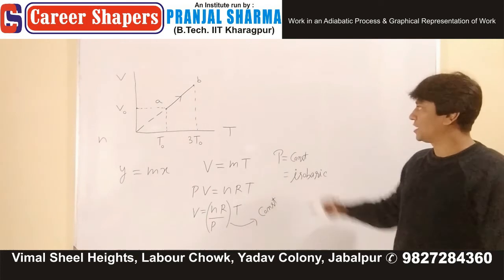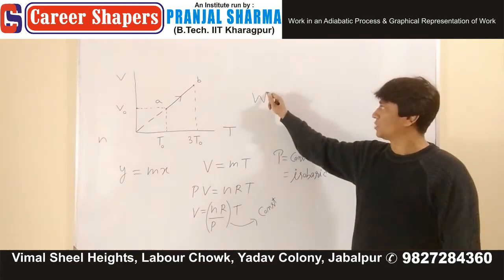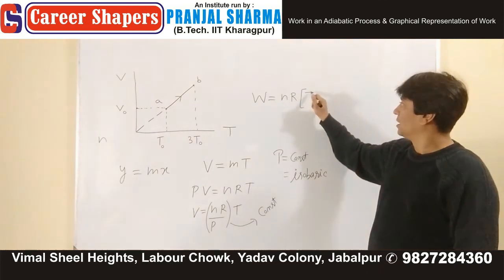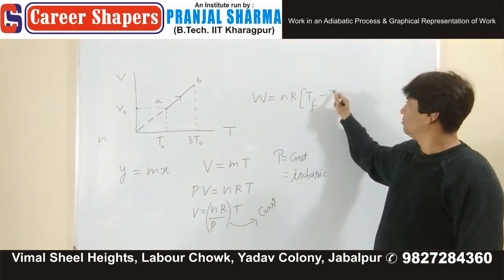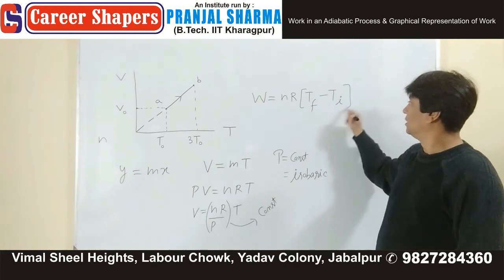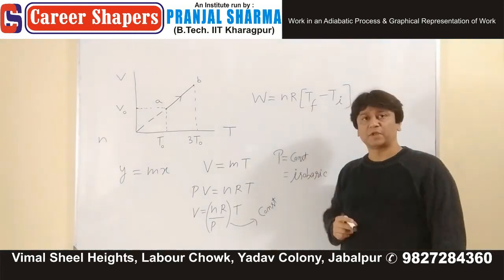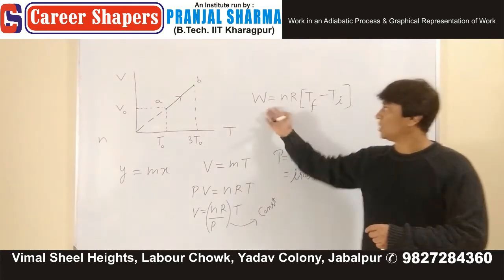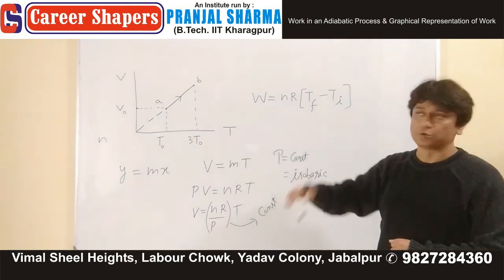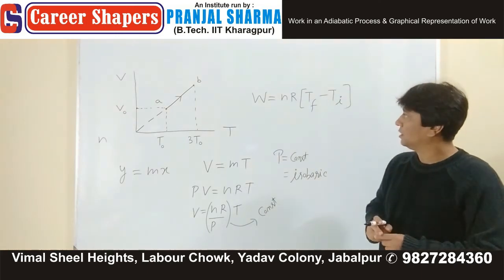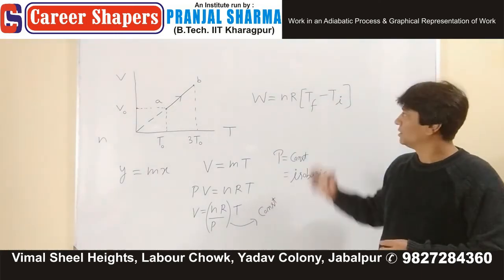And for an isobaric process, I hope you remember the work done. It was nR times T final minus T initial. We developed this result in the last lecture. So what is work done for an isobaric process? nR (T final minus T initial). Before moving ahead, look at the trick.